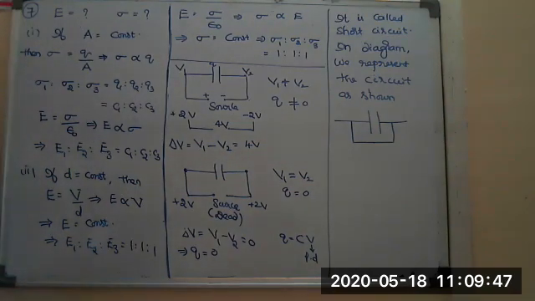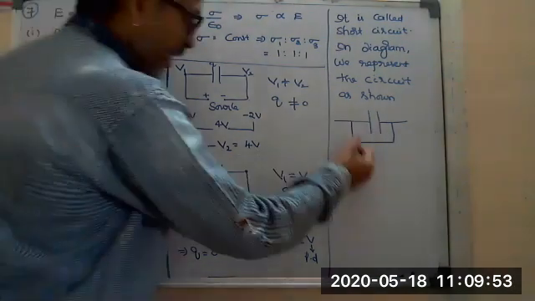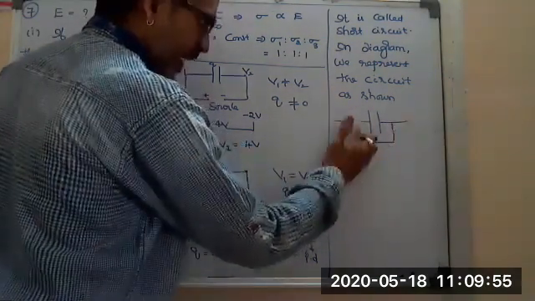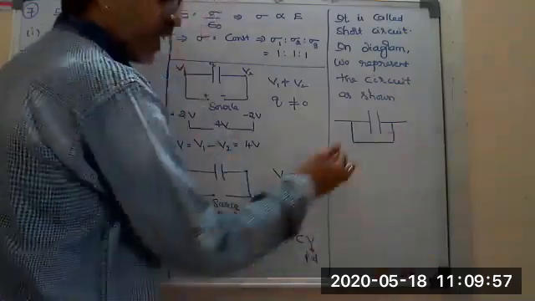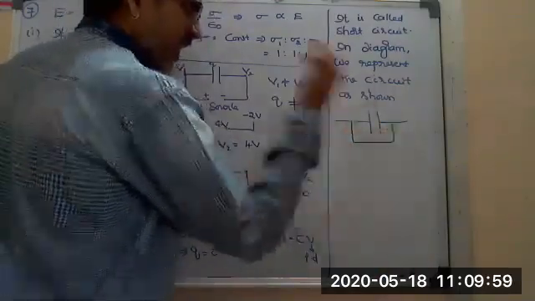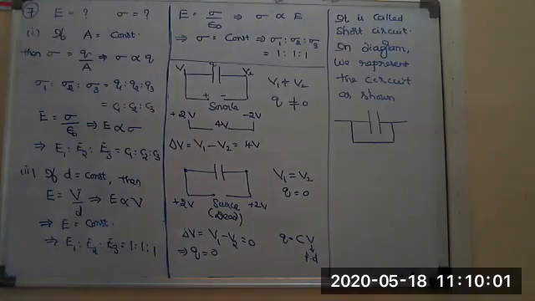So every time you come to circuits, try to remember this: if one line, or better say one wire, is connected between the two ends like this, then we say the capacitor is short circuited.